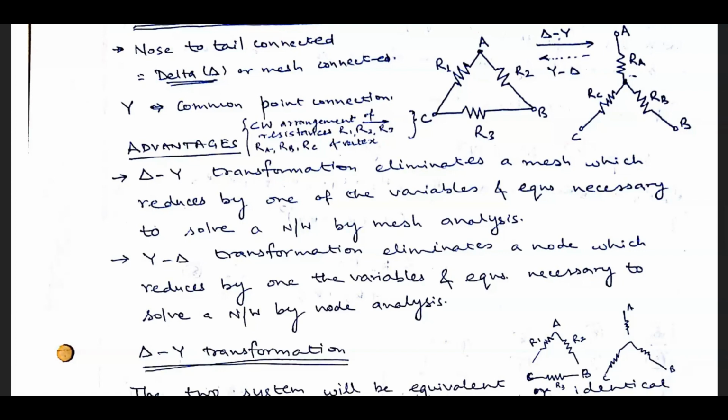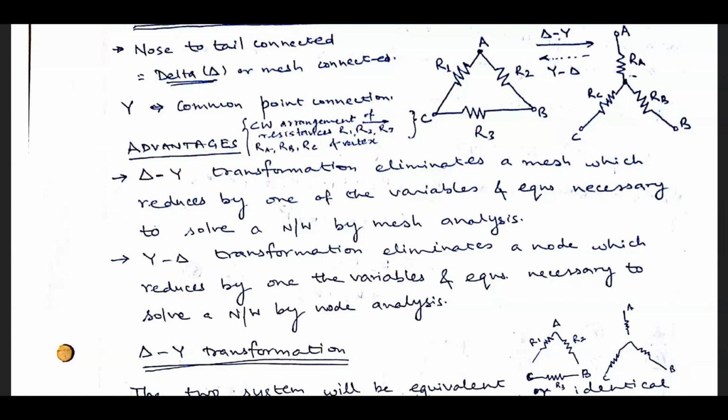If the DC circuit is in a complicated position, and by doing some star to delta transformation or delta to star transformation, some part of the circuit can be simplified, then again we go for these transformations. Okay. So first is how to perform delta to star transformation.